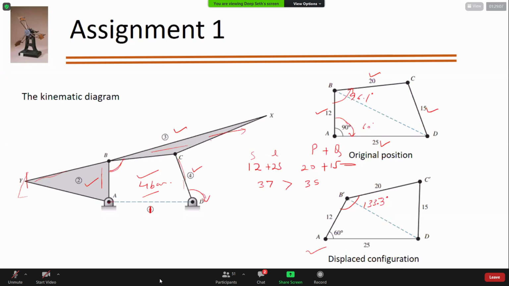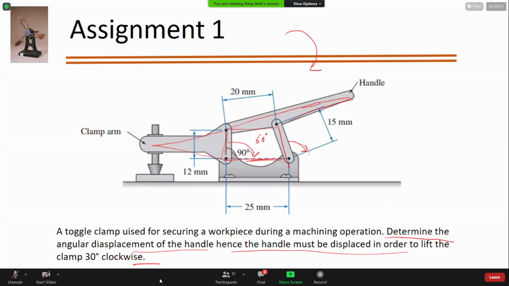Okay, so I think if you go to the slide before this, here you have the clamp arm on the left, and the handle at the right top. How will you draw the kinematic diagram? How will you simplify it? Do we have to draw the clamp as well, or do we have to draw the point of interest? For example, here you have a handle.